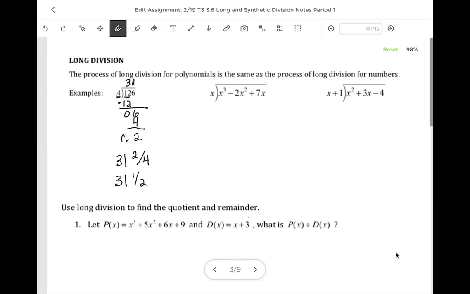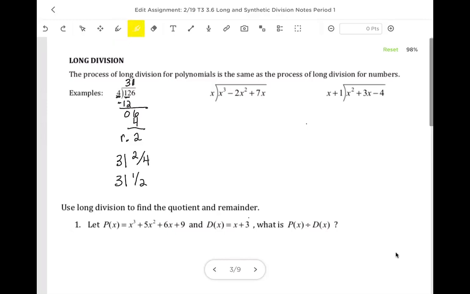Now that process is exactly what we do with polynomials, right? But we have to remember those rules of exponents that we did the other day, because that's part of the process, right? So let me do it with x divides into x cubed minus 2x squared plus 7x, all right?